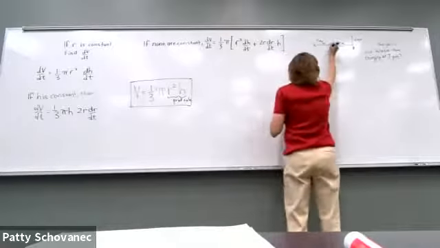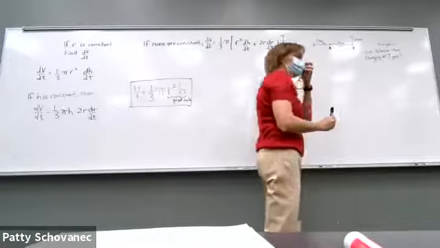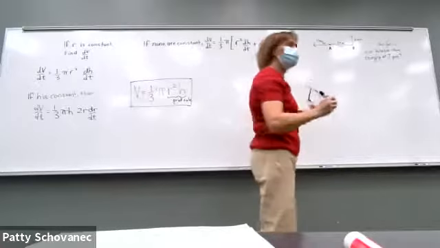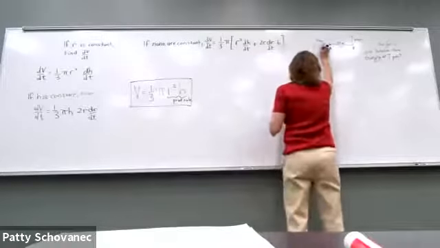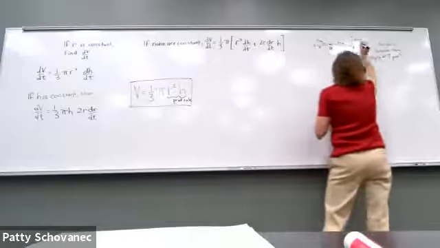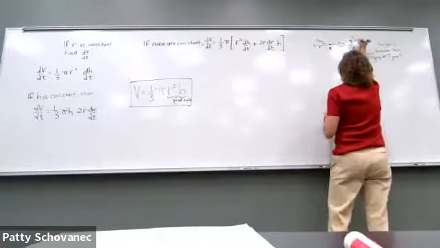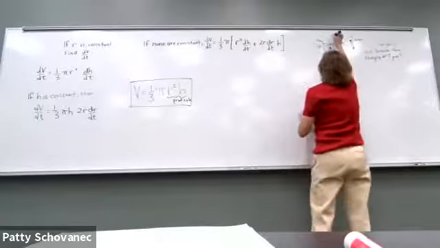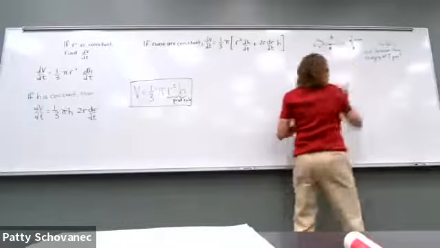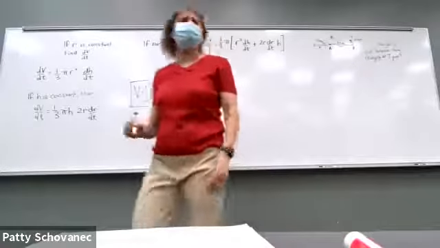So X is the distance that ship A has moved after 12. Y is going to be the distance that ship B moves after 12 o'clock. And then if I just continue going down my alphabet, Z is the distance between them.